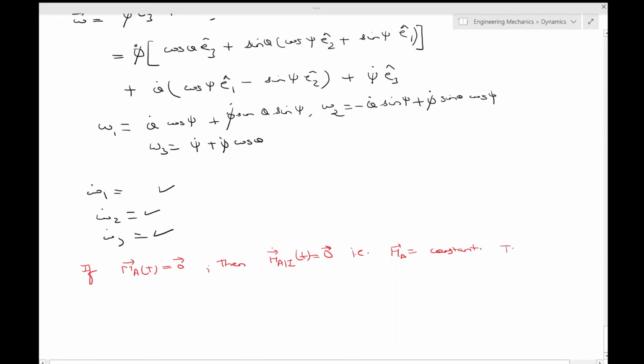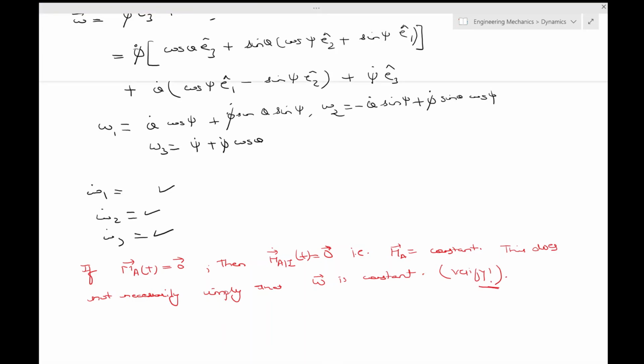Now this does not necessarily imply that omega is constant. Okay, this is something you can verify, see if you can.